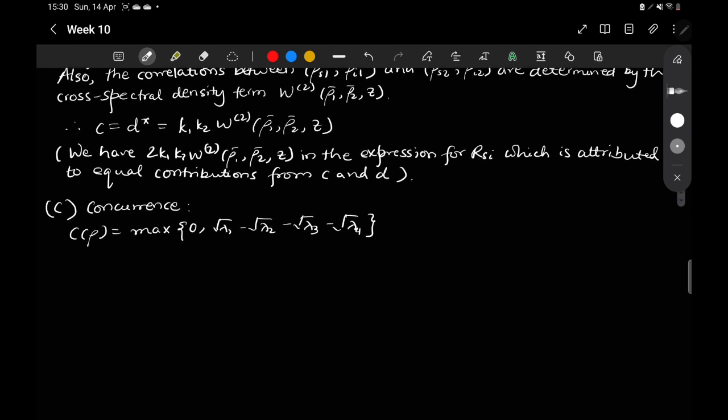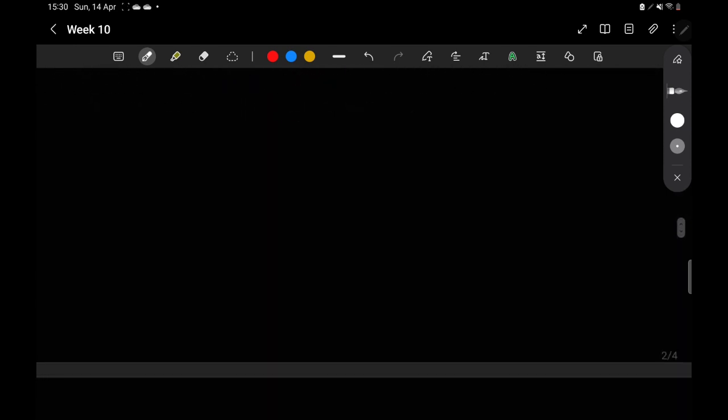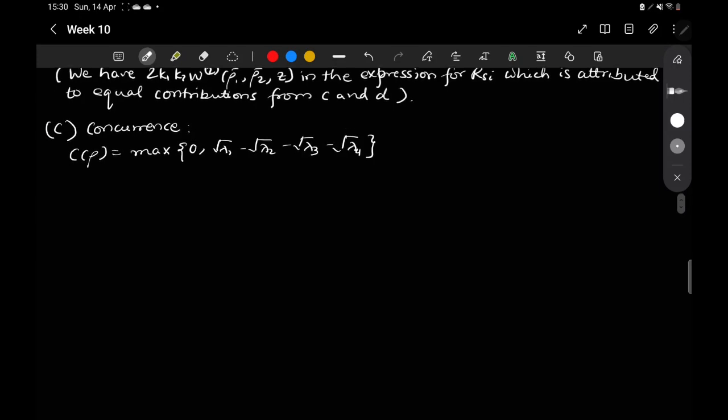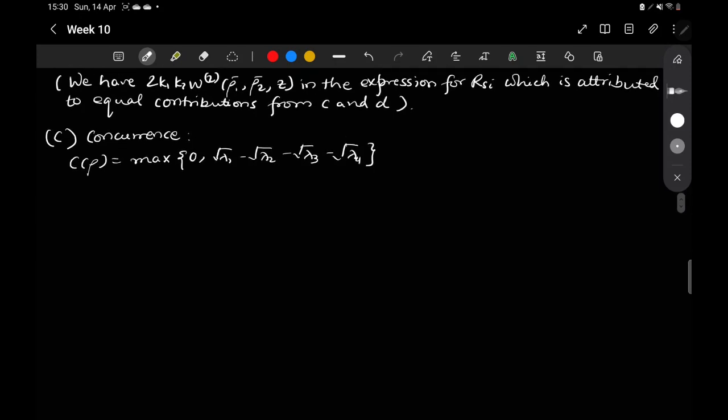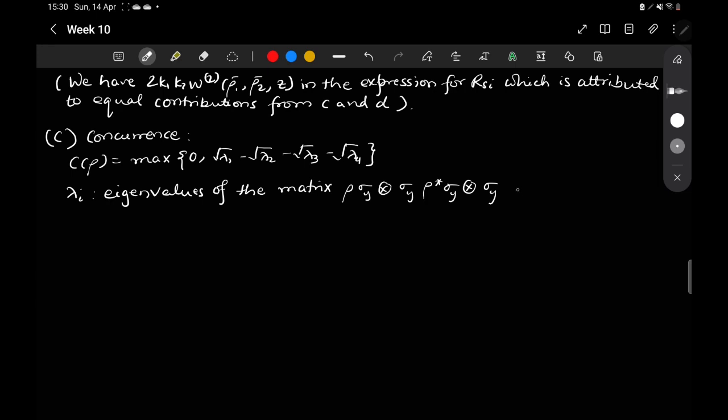So this is the definition of concurrence, where these lambda i's are the eigenvalues of a particular matrix, in descending order.